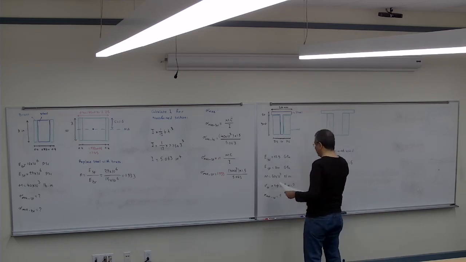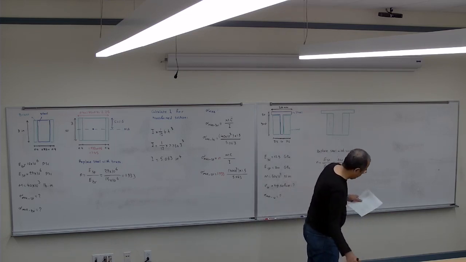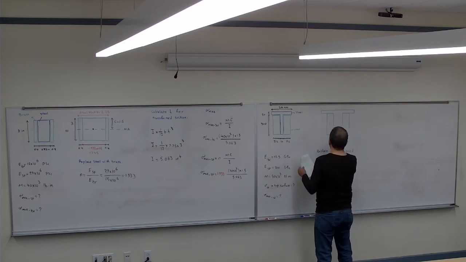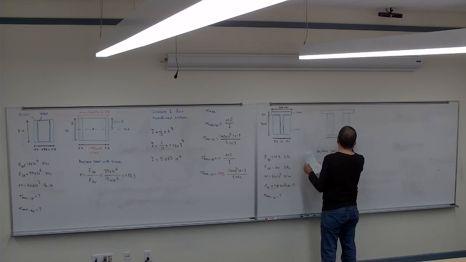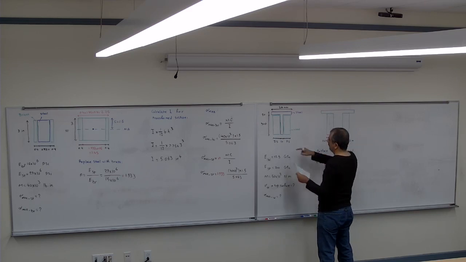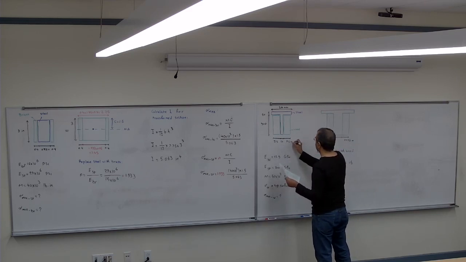So the dimension I'm going to have, whatever I had before is going to stay the same. So if this one is going to be 0.075, so then in meter. So these are in millimeter.